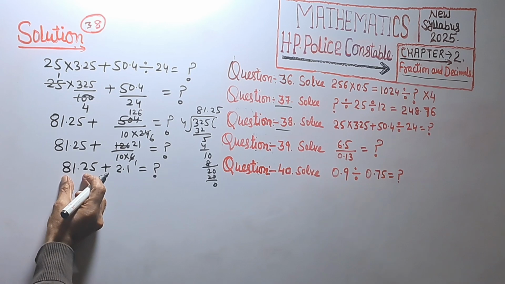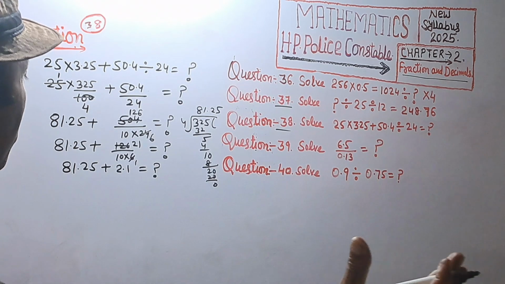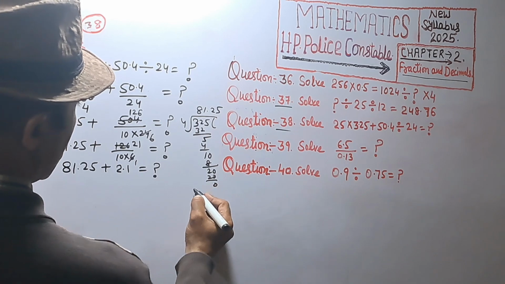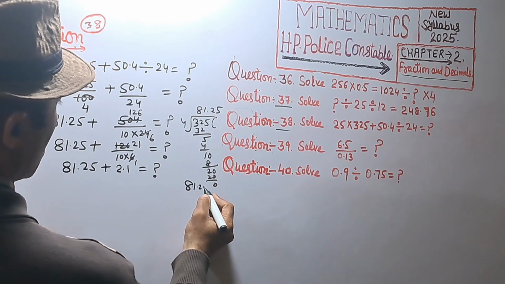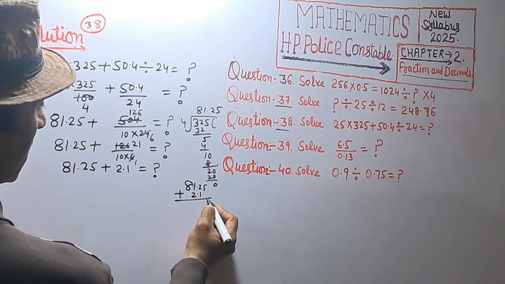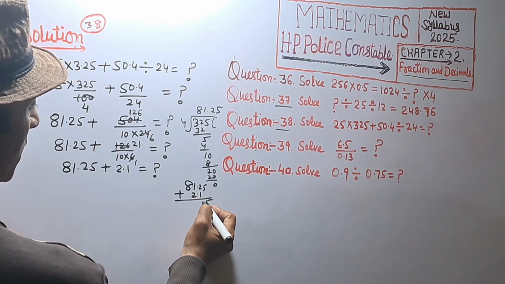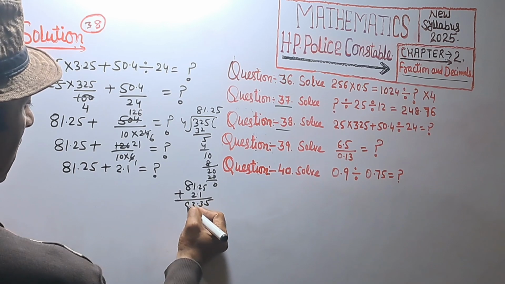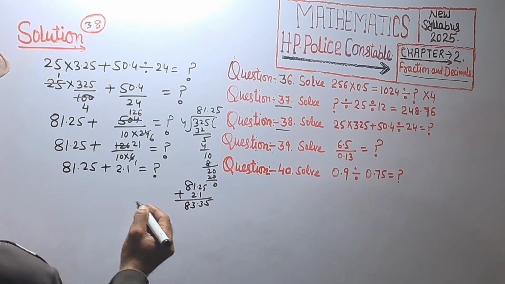And the sum of 81.25 and 2.1. 81.25 plus 2.1. 5 as it is, 2 plus 1 is 3, 2 plus 1 is 3, and 3, 8.